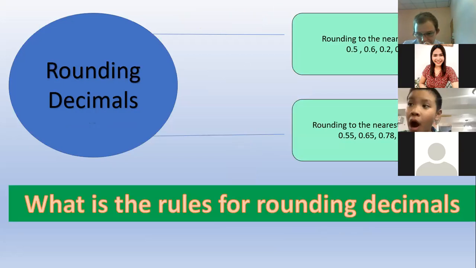But today, we're going to be looking at rounding decimals. Two specific ones we look at are rounding to the nearest tenth and rounding to the nearest hundredth. So, what do you think?